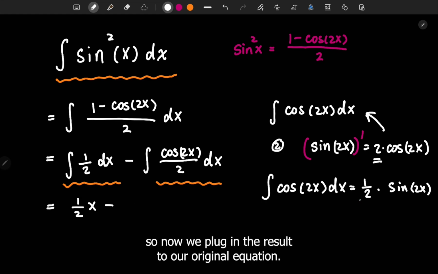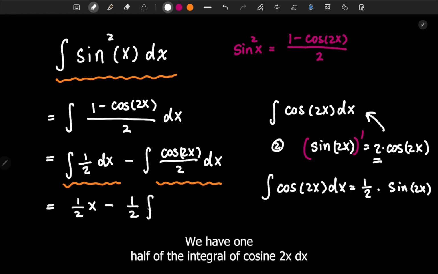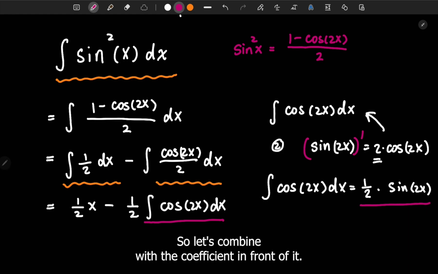Okay, so now we plug in the result to our original equation. Here we have 1/2. Let's take it out. We have 1/2 of the integral of cosine 2x dx. And we know this integral is equal to 1/2 sine 2x. So let's combine with the coefficient in front of it.